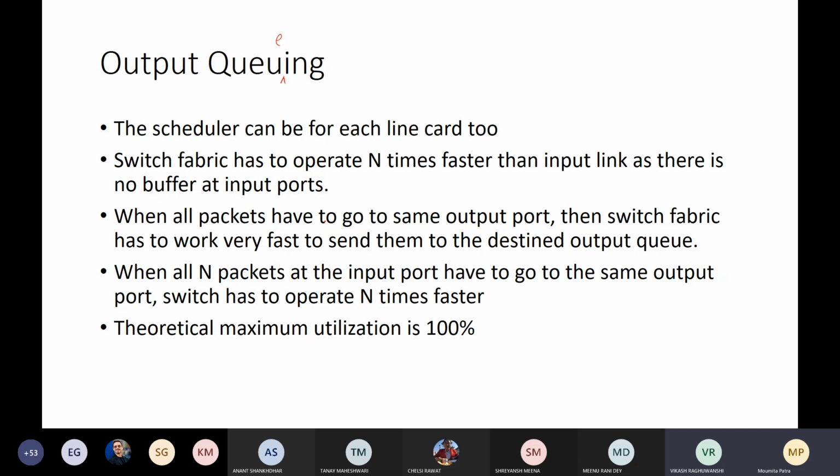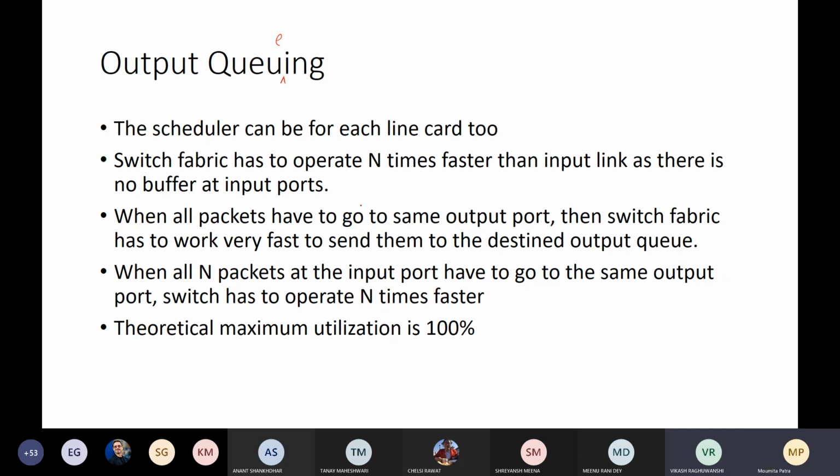You can have a per line card scheduler, or simply one scheduler which works for all of these line cards. Then, from the switch fabric side, the switch fabric has to operate n times faster than the input link's capacity. We are assuming that the input link is not having any buffers. That is the task required from the switch fabric for output queuing scenarios.